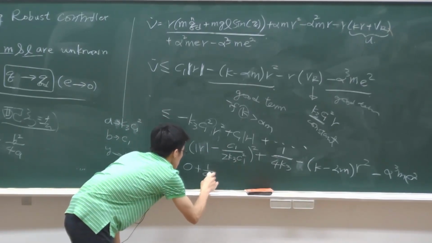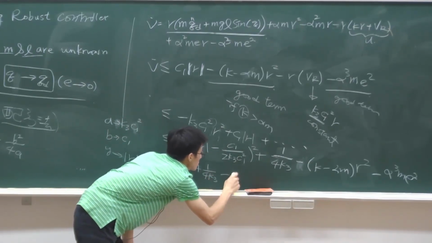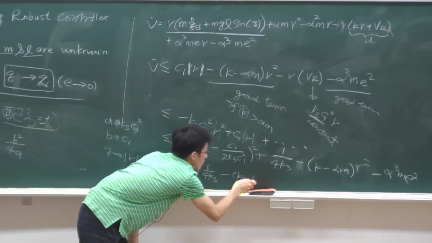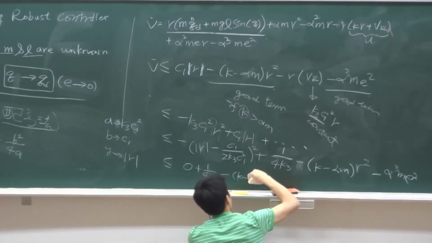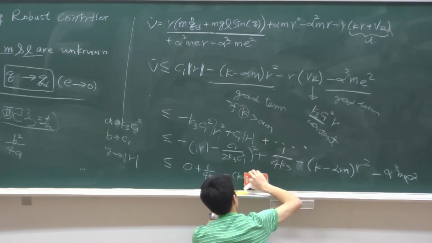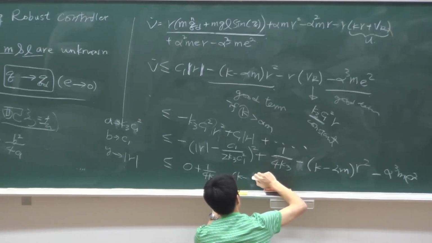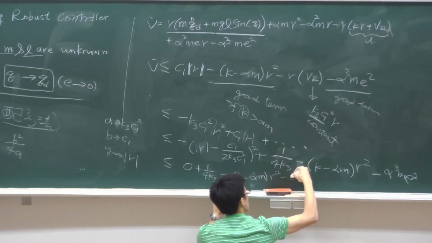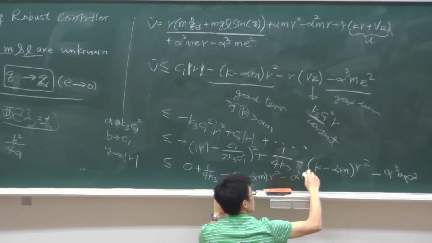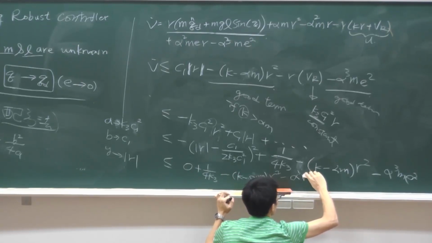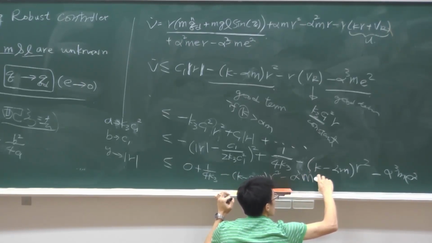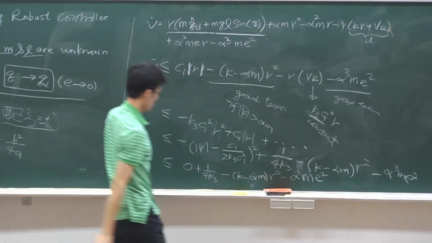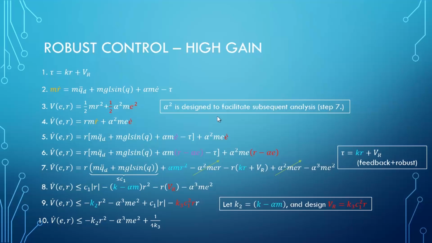So 4K3 minus k alpha m, r squared minus... okay. So same as this. How do you interpret this?